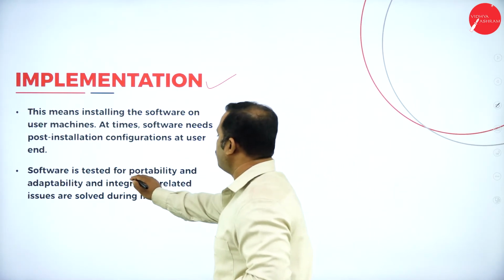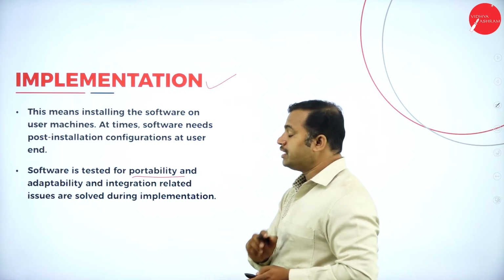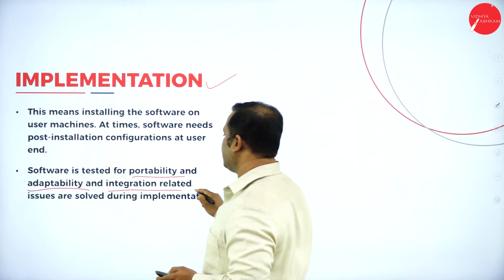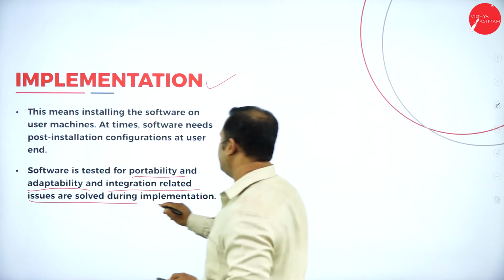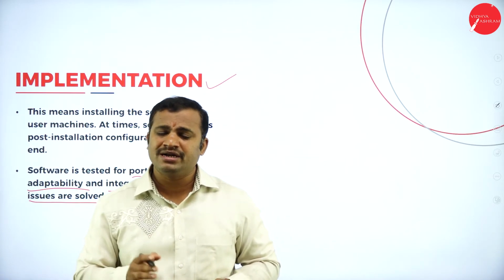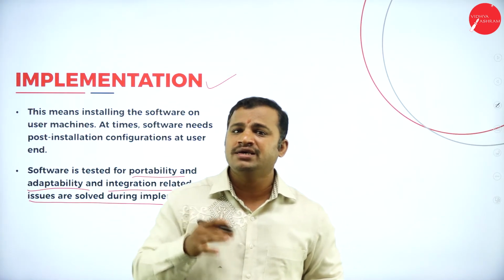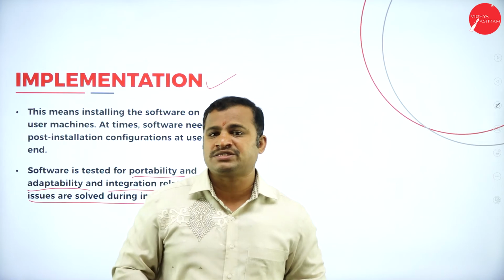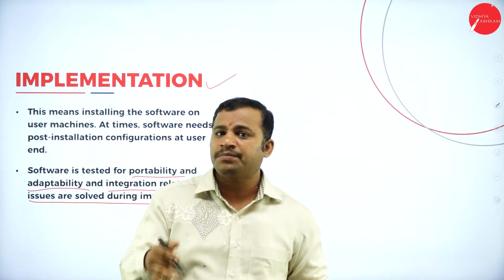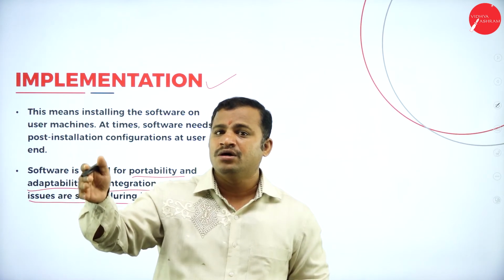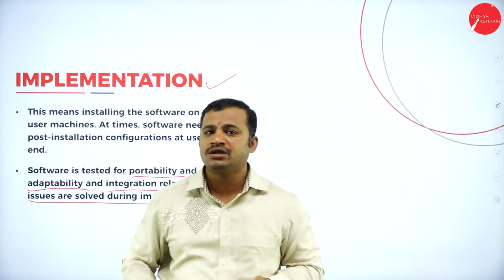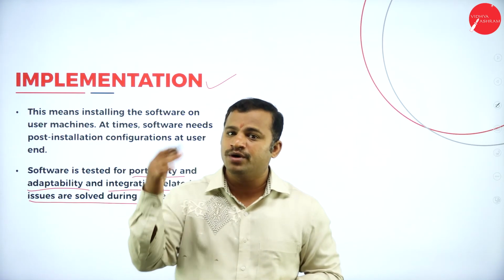Software is tested for portability. This is one of the important criteria. Adaptability and integration related issues are solved during the implementation. Portability means it does not require more size or more space. Then adaptability: whether it is going to work properly in the environment, whether the operating system being used by the user is supporting the software to work properly.